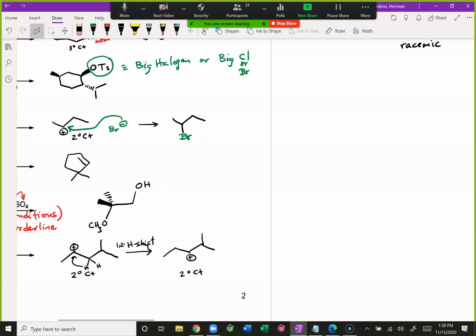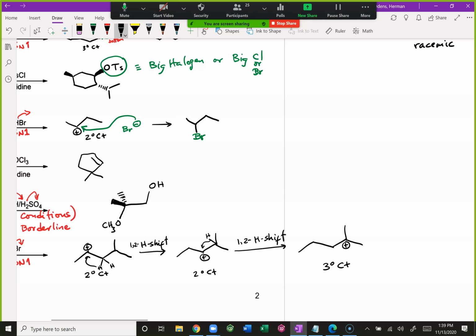And then we do another 1,2 hydride shift using this H. This H jumps and forms the best of all of those carbocations. A tertiary C+.